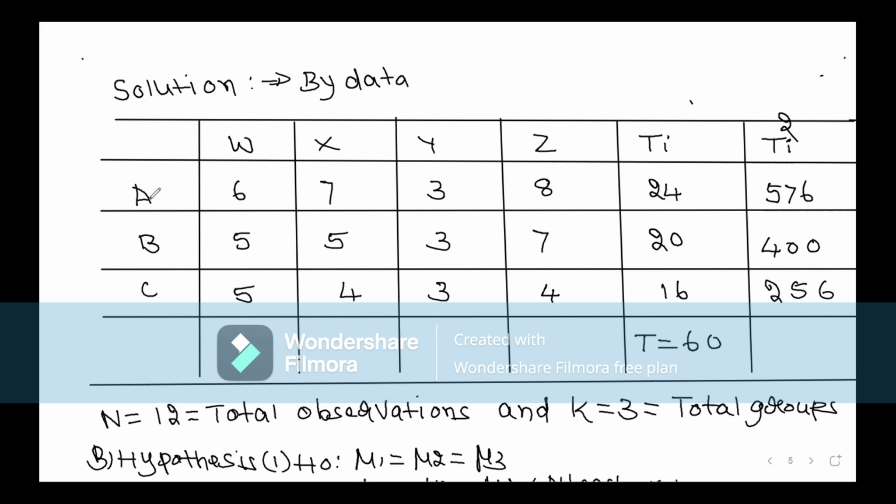You look at varieties: you have to find the significance of varieties, means A, B, C. Three seeds are there. These A, B, C, you take in the vertical way, and plots you take in the horizontal way. And enter the values: 6, 7, 3, 8 are A's readings, B's readings 5, 5, 3, 7, and C's readings 5, 4, 3, 4.